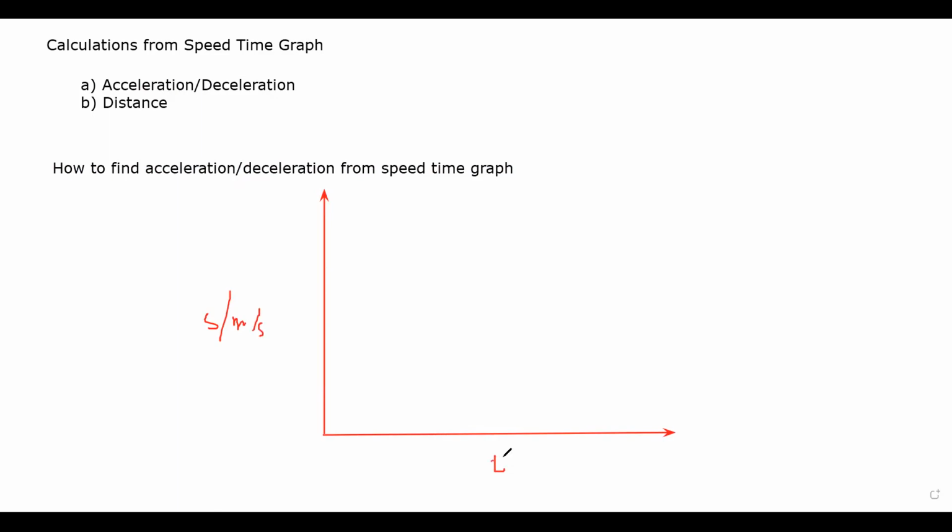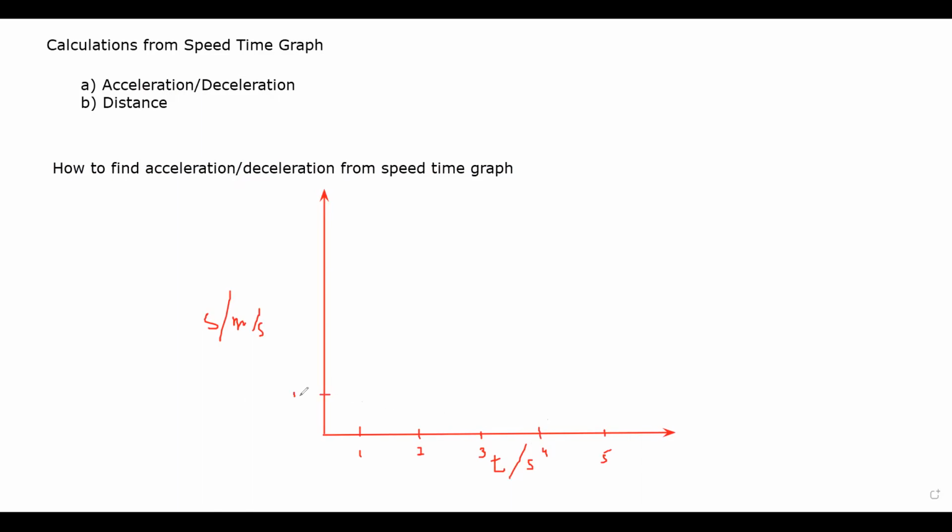The divisions on the x-axis are the time interval, for example 1, 2, 3, 4 and 5.